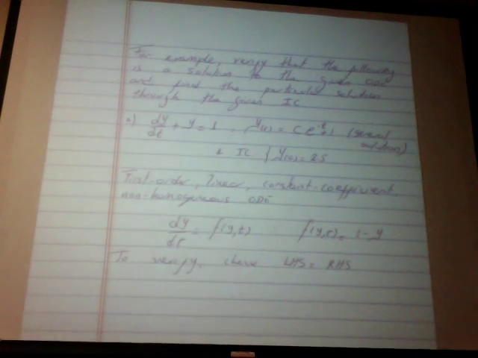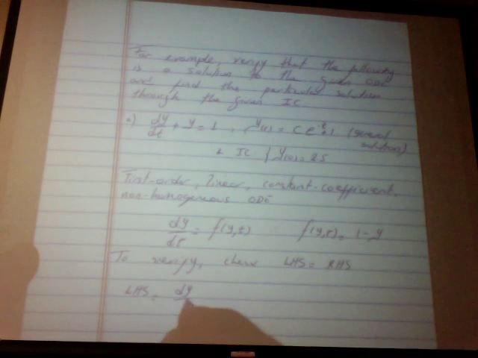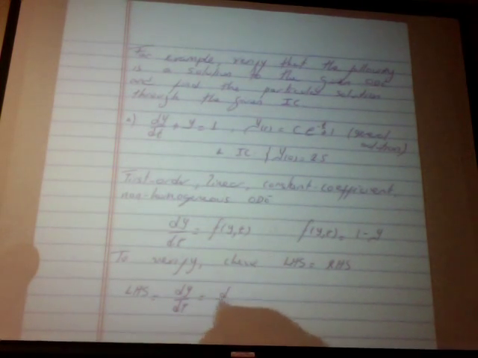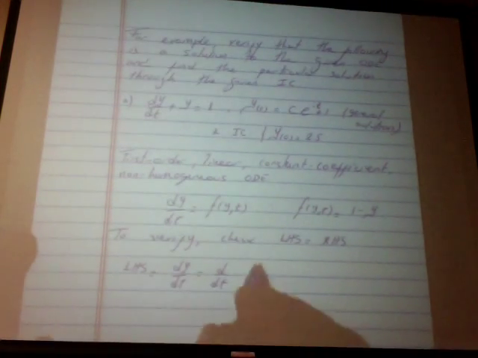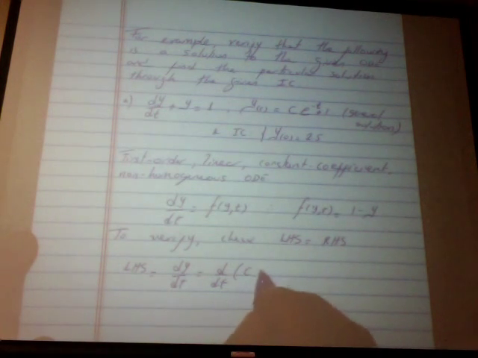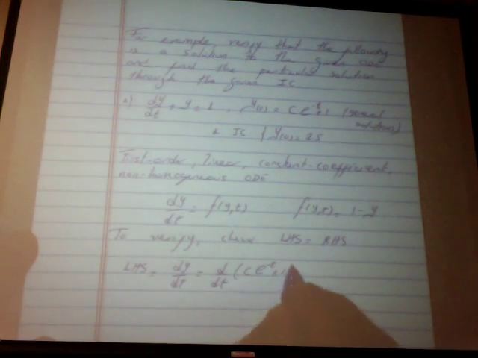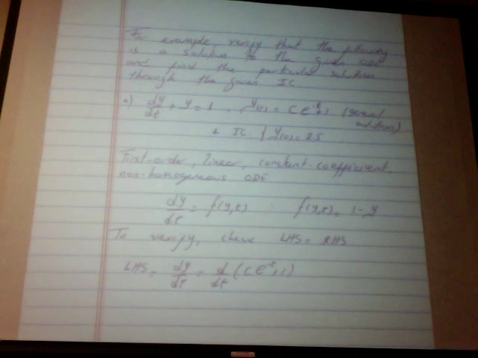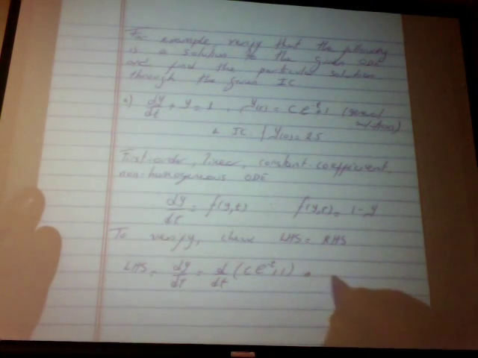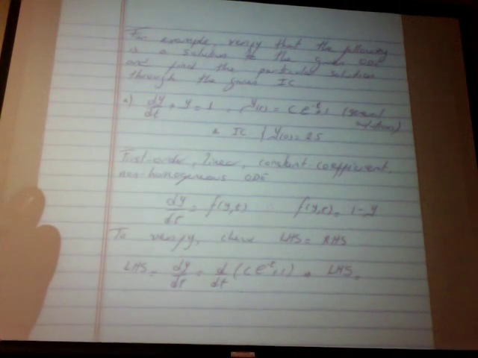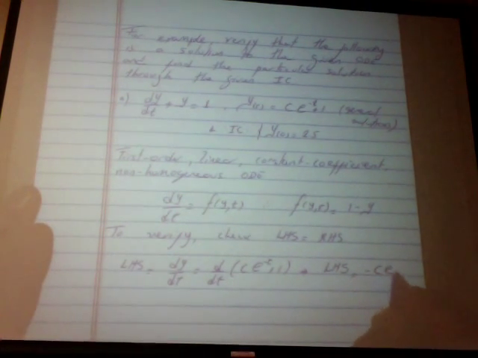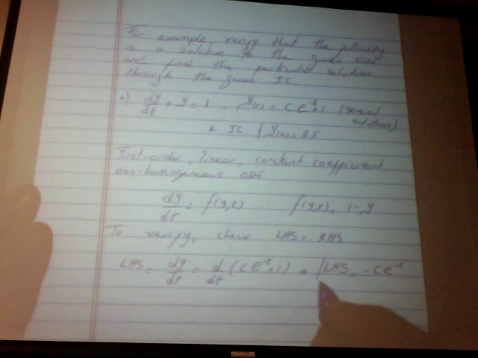So what we do is take the left-hand side, which is equal to dy dt, which is equal to d dt of c e to the minus t plus 1. What would be the time derivative of that? Negative c e to the minus t. Okay, so that's the left-hand side.